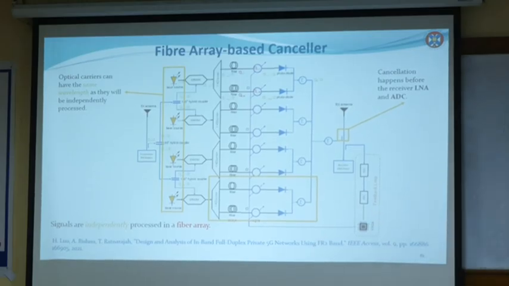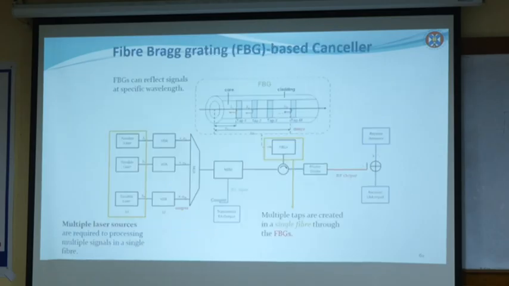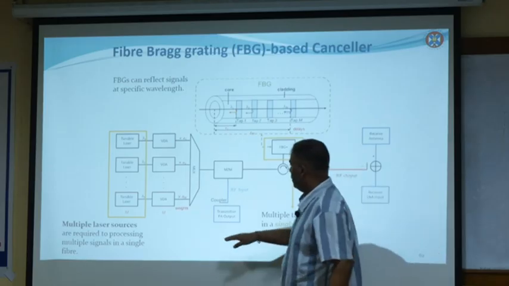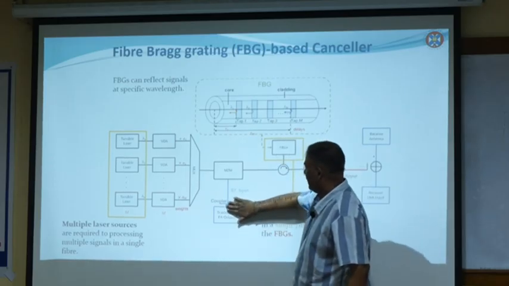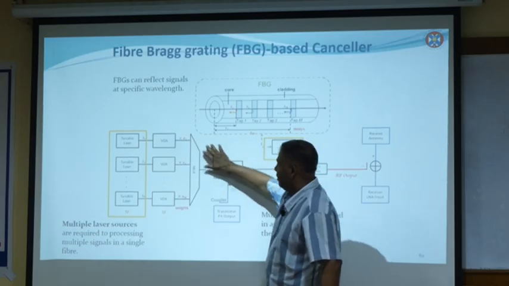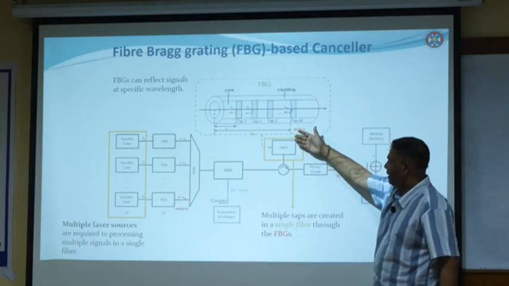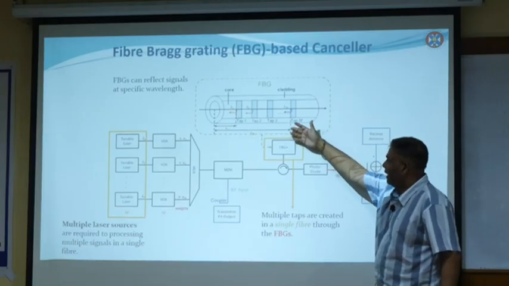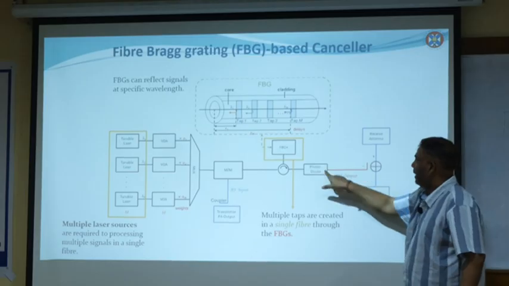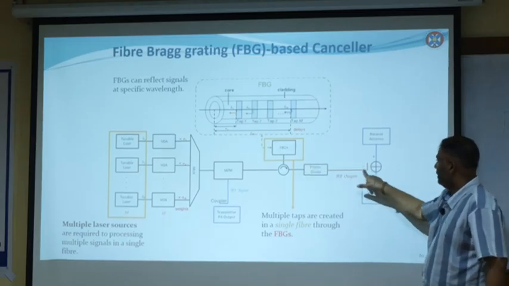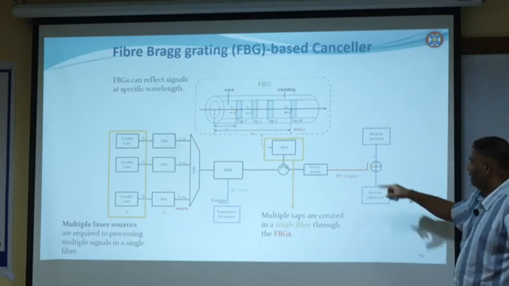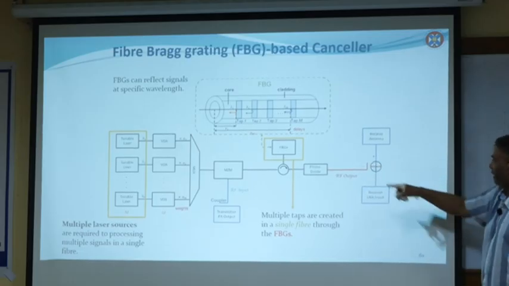So, yeah, this is one. And there's another technique people used before as well. It's called fiber Bragg based cancellation. Again, the transmitted electrical signal is taken and converted to the optical domain with the different taps here, and makes the analog self-interference channel using the optical domain, and then cancels all these things and gets the electrical signal back here and subtracts it here.